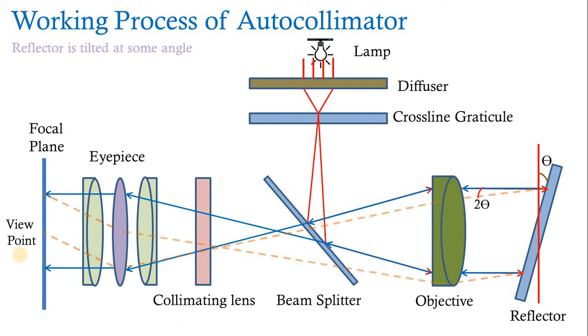So the linear displacement of the graticule image in the plane of the eyepiece is therefore directly proportional to the reflector tilt and can be measured by an eyepiece graticule, optical micrometer or electronic detector system, where it is all scaled directly in angular units. The autocollimator is set permanently at infinity focus, and no device for focusing adjustment for distance is provided or desirable.